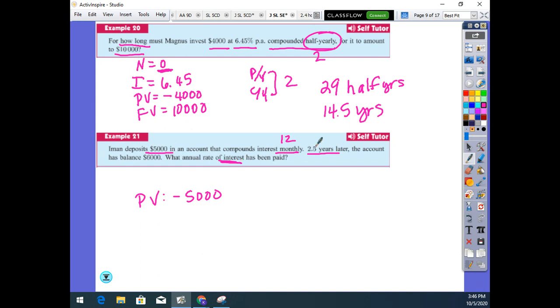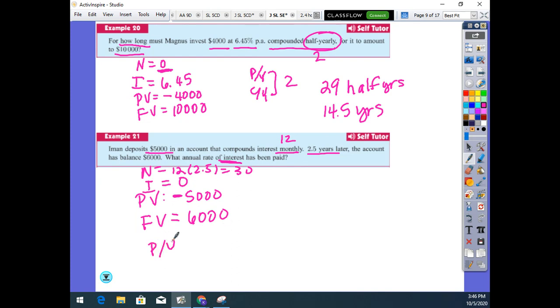So 2.5, my N is 12 times 2.5, which is 30. My I is what I'm looking for, so I put 0 in for I. My future value, I want to earn $6,000 at a future date. My present is always negative, but my future is always positive. How much I'm going to have back in my hands.